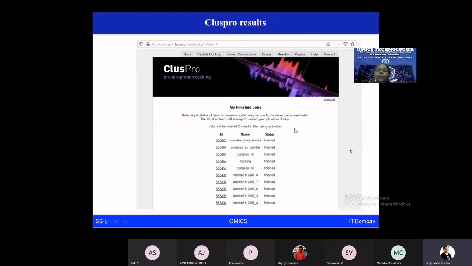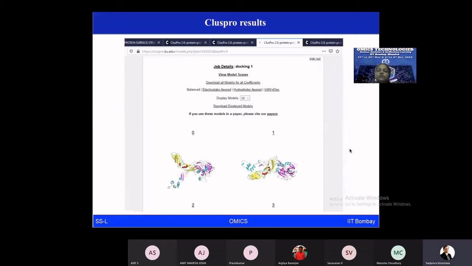So it is suggested that if we are doing any protein docking studies uploaded in ClusPro, we should download the files as soon as possible after the status shows finished. This is how the result page looks.